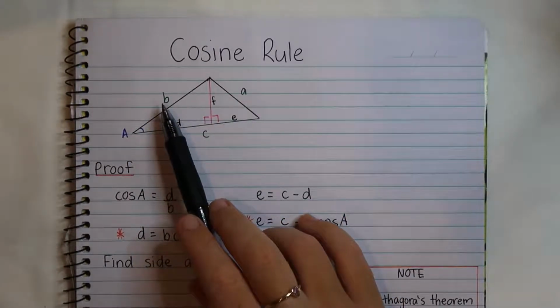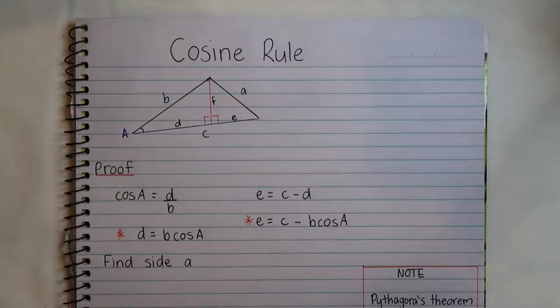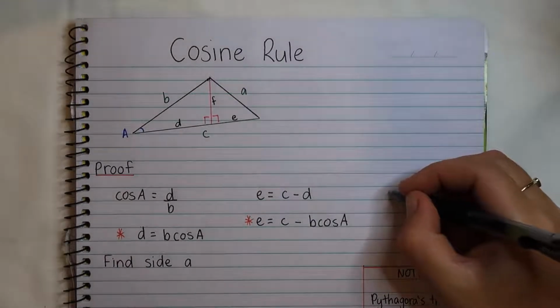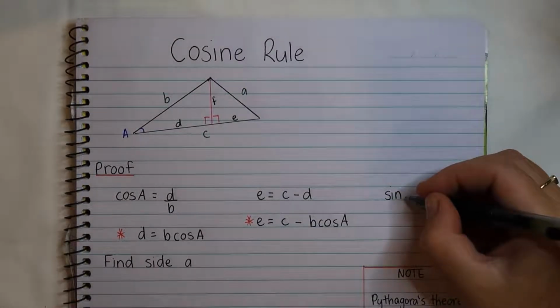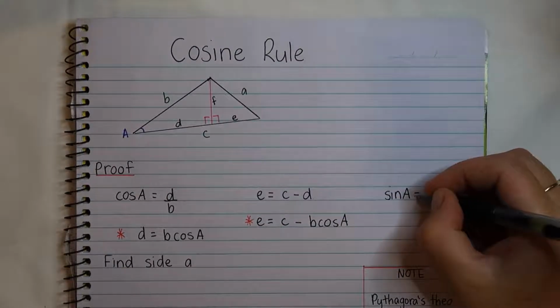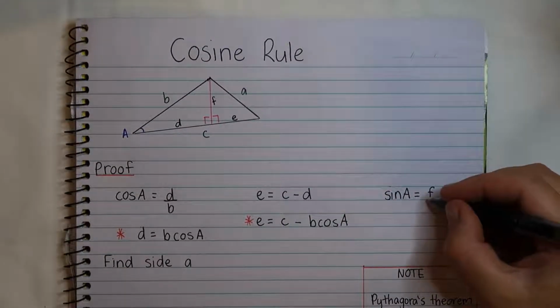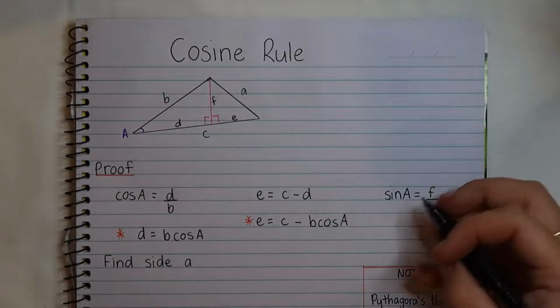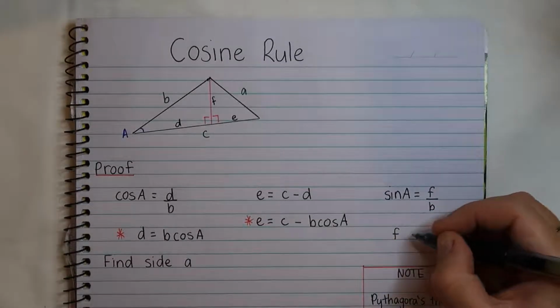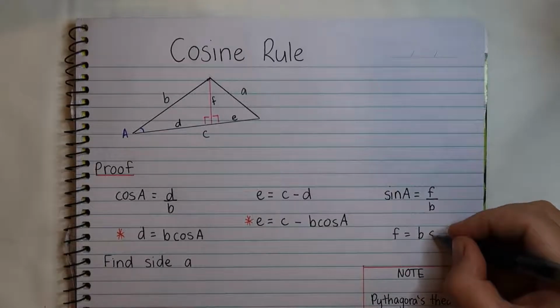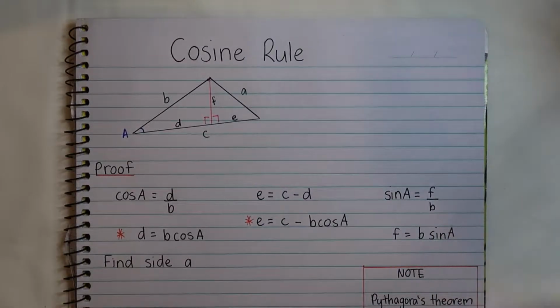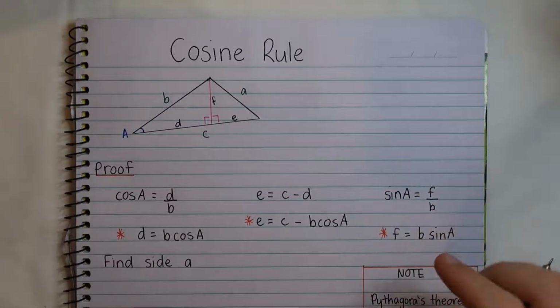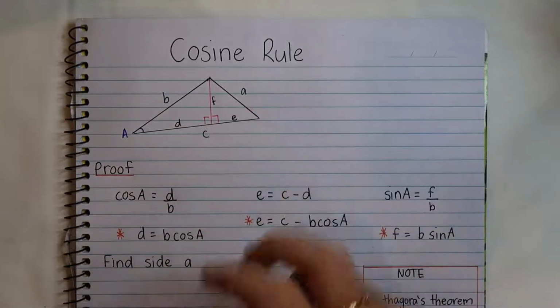Opposite over hypotenuse, and that's going to be our sine ratio. So sine angle A is equal to our opposite F over our hypotenuse B. And this can get written in terms of F. So F is equal to B multiplied by sine angle A.